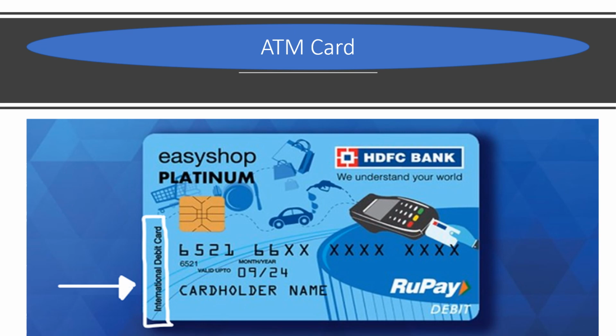Along with that, we have the card holder's name on each and every card. It also specifies which bank has issued this card to you. We can use this ATM card internationally as well for having our transactions cashless or digital. This is information which you need to understand when you are going for your future transactions using your ATM card.